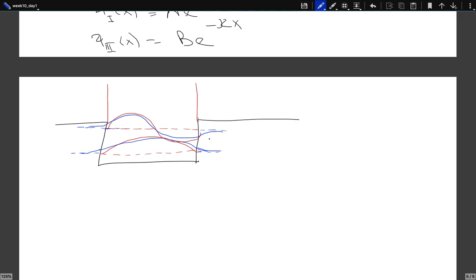In between, in the classically allowed region, it will oscillate. That's the general feature of the wave functions. In the classically allowed regions, they oscillate. They are actually oscillating waves. In the classically forbidden regions, they will have exponentials. Now let's write the wave function in region 2.